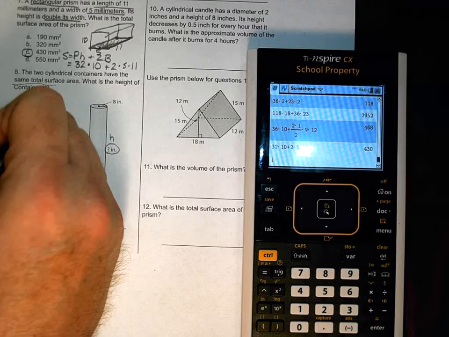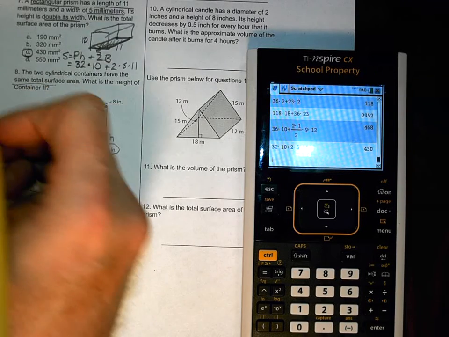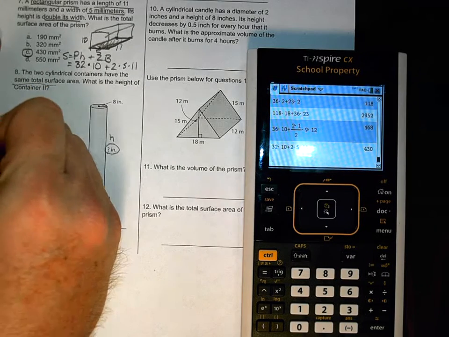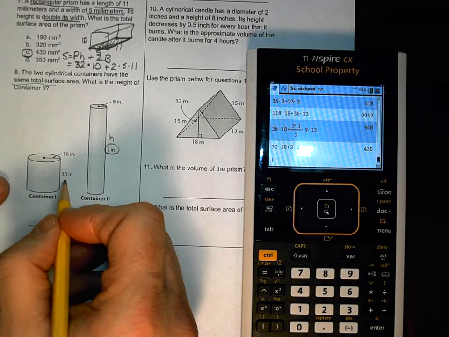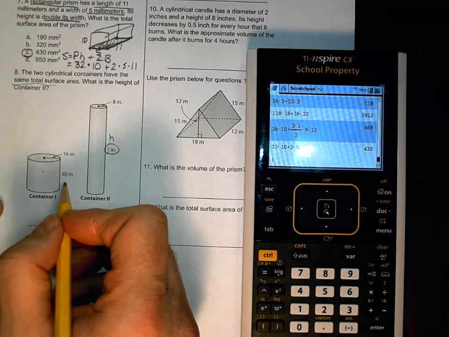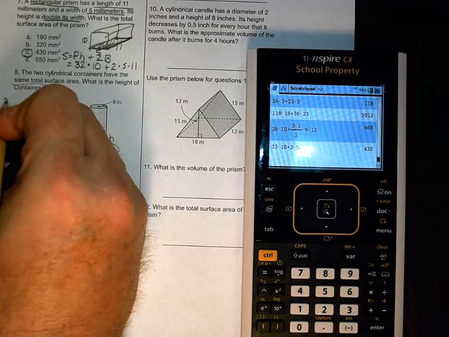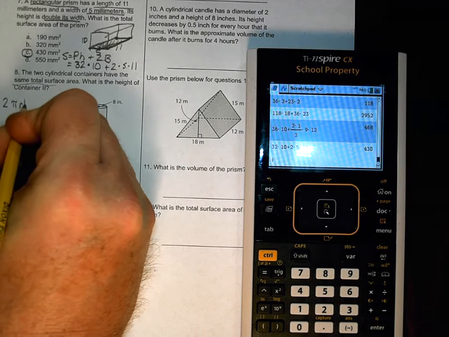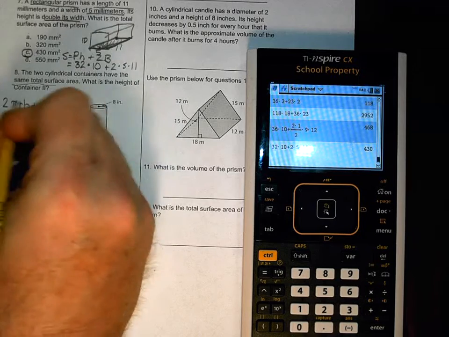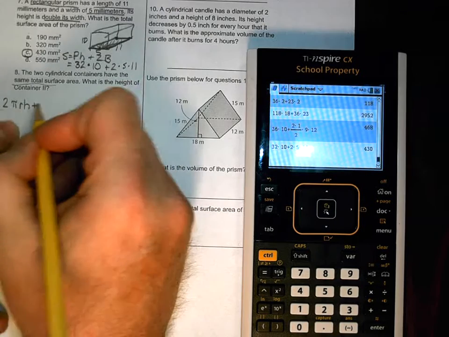So total surface area, and I'm going to put surface area of 1 in Roman numerals equals, this is a cylinder, so surface area of a cylinder equals 2 pi r h, and that's basically your circumference times the height.